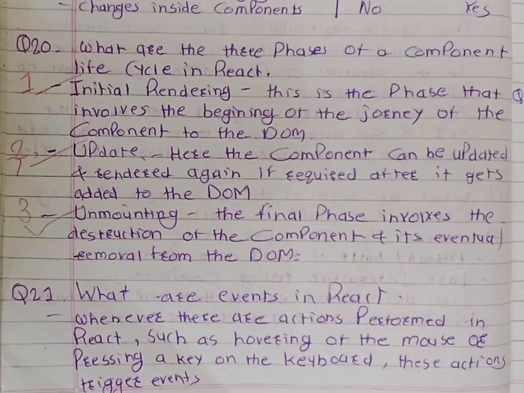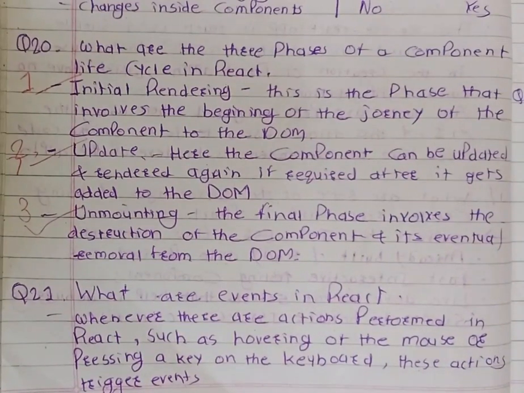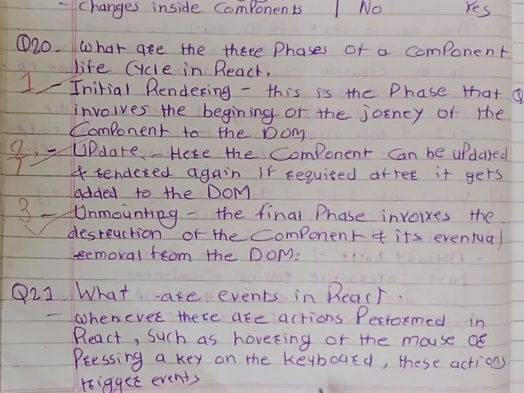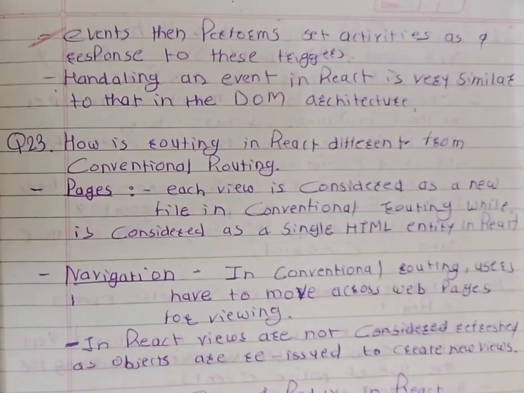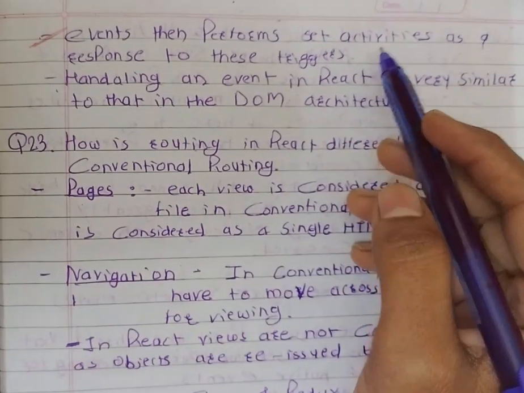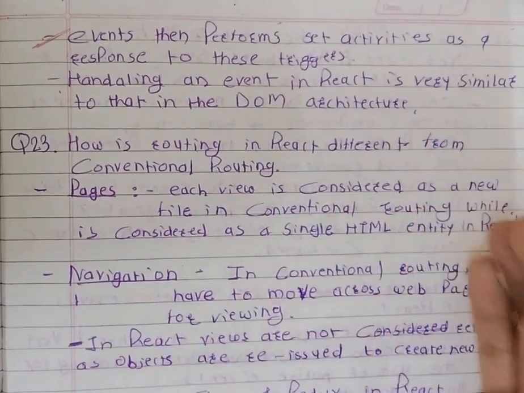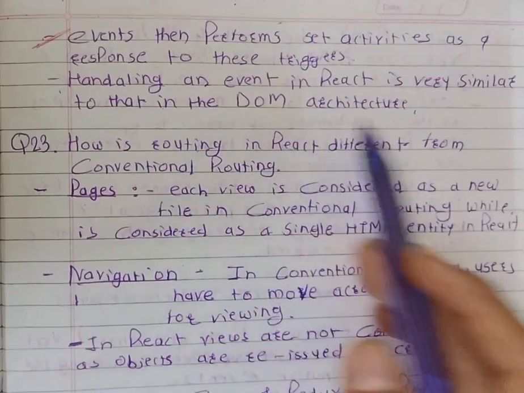Hovering, which changes a color from one to another, is also a type of event. Pressing the enter key also comes under events. Events then perform set activities as a response to the triggers. Handling an event in React is very similar to handling it in the DOM.